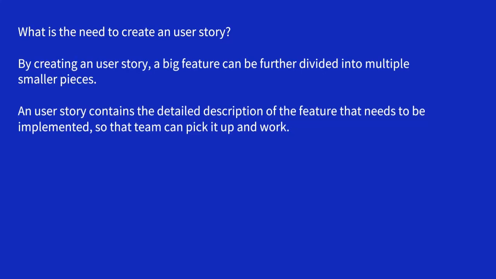He will analyze all the things and do his work. After that it comes to the testing team. The testing team should also analyze the acceptance criteria and work based on it. So here the user story plays an important role.